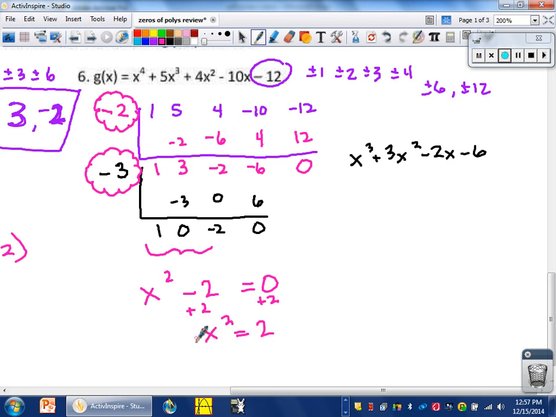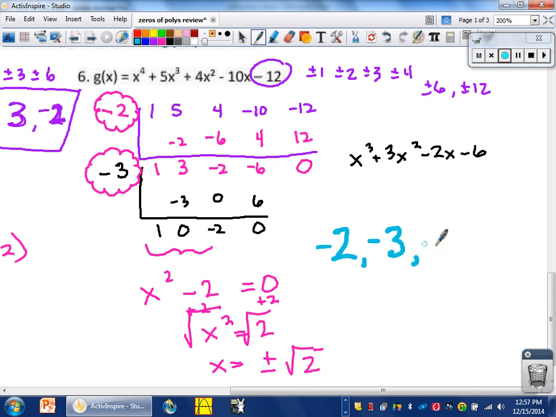X squared equals 2, square rooting both sides, and we get your last 2 zeros. Okay, so all 4 of your zeros are negative 2 from synthetic division, negative 3 from synthetic division, the square root of 2 from solving, and the negative square root of 2 from solving.